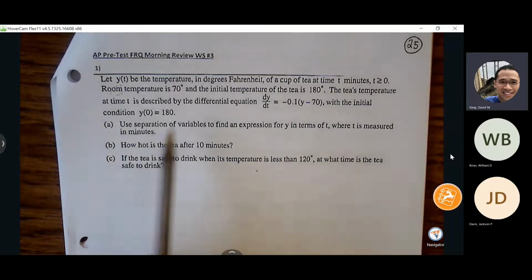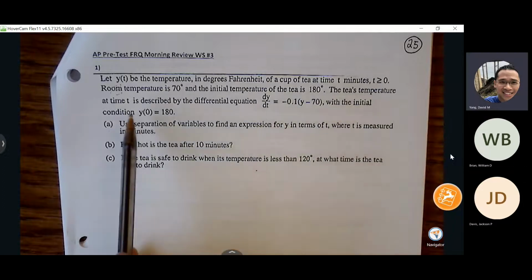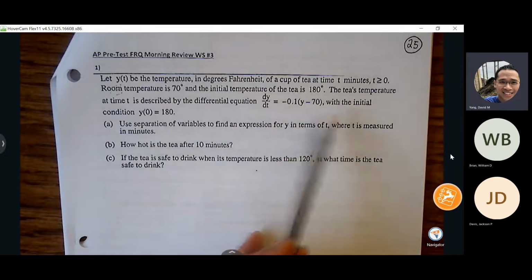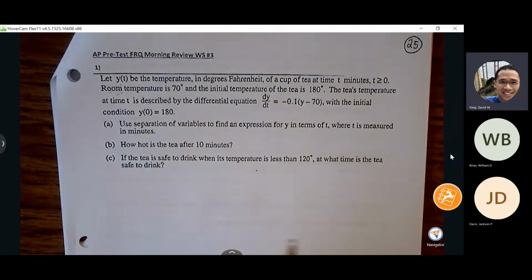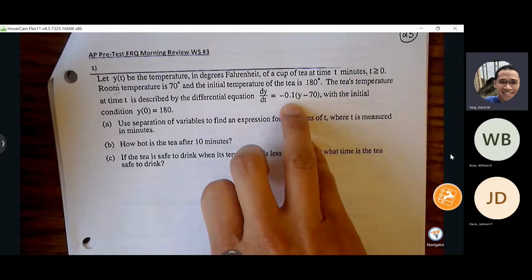Room temperature is 70 degrees, and initial temperature of tea is 180 degrees. The tea's temperature at time t is described by the differential equation dy/dt, with initial condition y of 0 equals 180. Use separation of variables to find an expression for y in terms of t, where t is measured in minutes. Okay, so separation of variables.